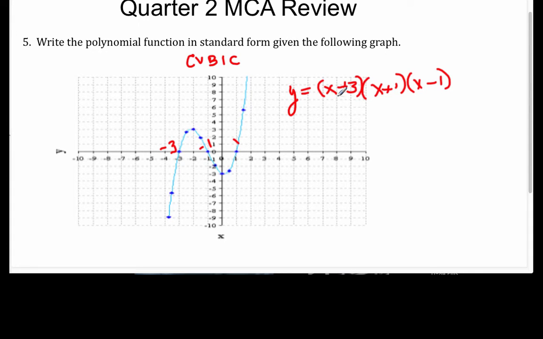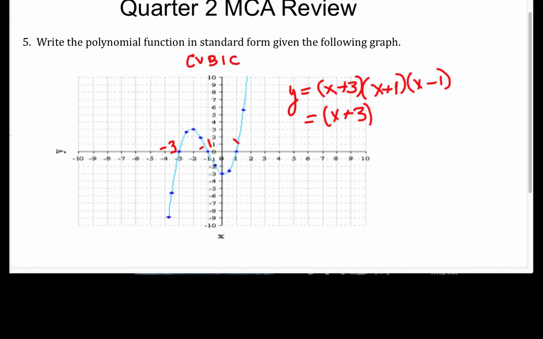Now, from class, I had said that one of the things we want to try to do is, whenever possible, deal with the easier ones together. And notice how here I have an x plus 1 and an x minus 1, so it's a difference of squares. So I'm going to have the x plus 3 come along for the ride, and I'm going to go through and multiply all this out.